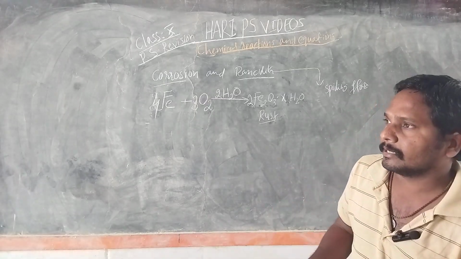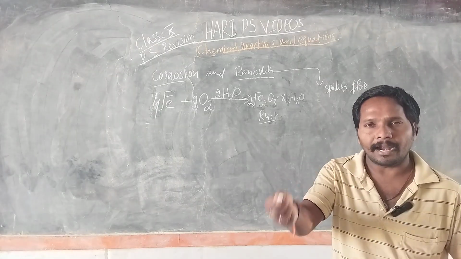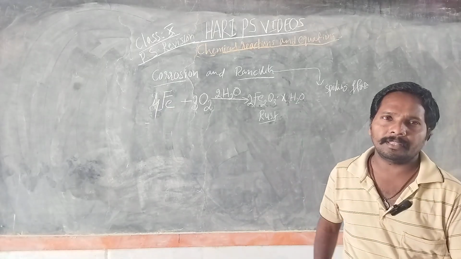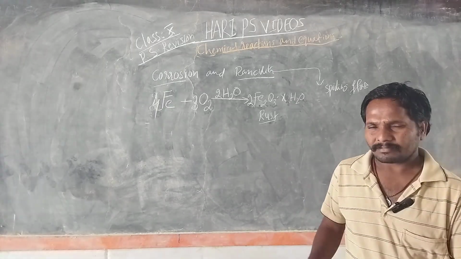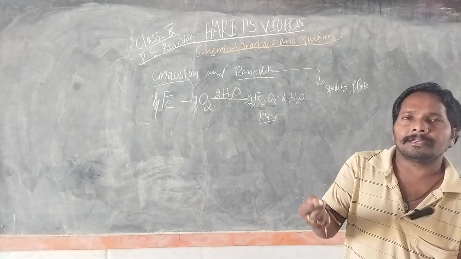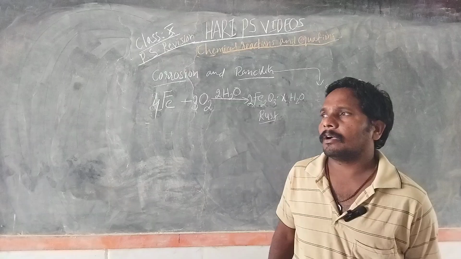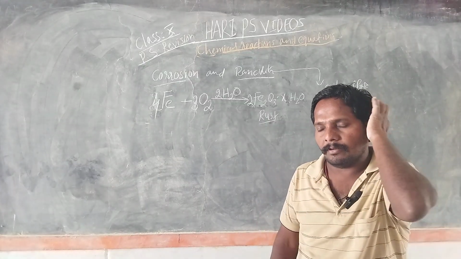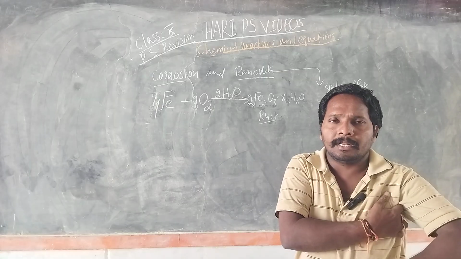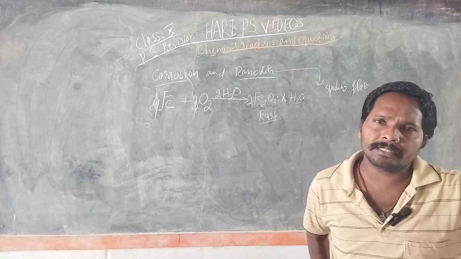So rancidity takes place when the oils and fats present in the food react with oxygen. They give an unpleasant smell and taste to food. When we cut vegetables and fruits with a knife, like brinjal and apple, we observe that a brownish layer is formed.